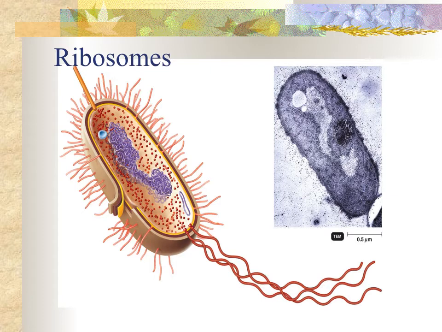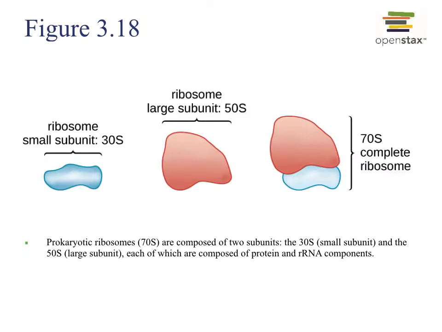All prokaryotic cells have ribosomes. Their ribosomes are made of two parts when they're inactive, the 30S and the 50S unit. And then when they're active, they're assembled into a 70S ribosome. These S numbers are Svedberg units. They refer to the ability of the ribosome to sink in a certain type of gel.